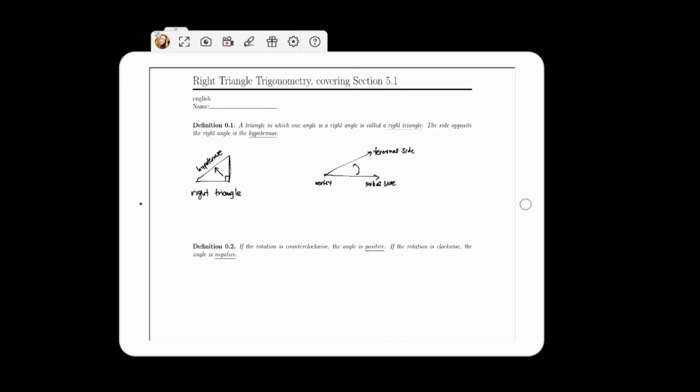In between them is an angle. So when we say an angle, that's what we mean. And a right angle looks exactly like what I've drawn. We often use Greek letters such as theta, alpha, beta, and gamma to denote angles.